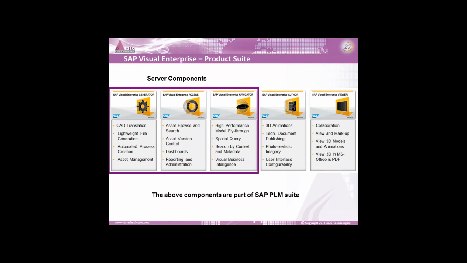It can convert it into a lightweight file format and make it available to downstream users, suppliers, vendors, or external parties with the viewer, available on the extreme right, which is a desktop-based application or client component.